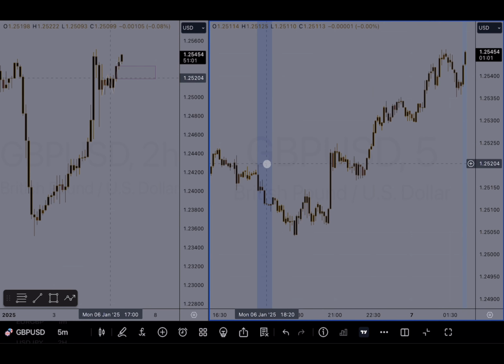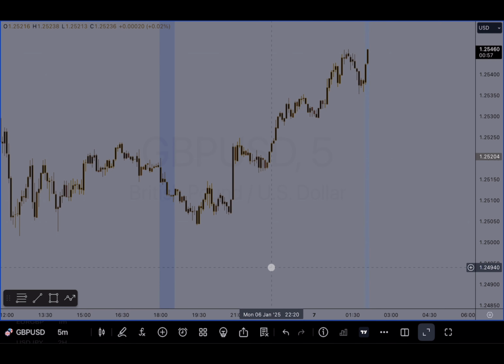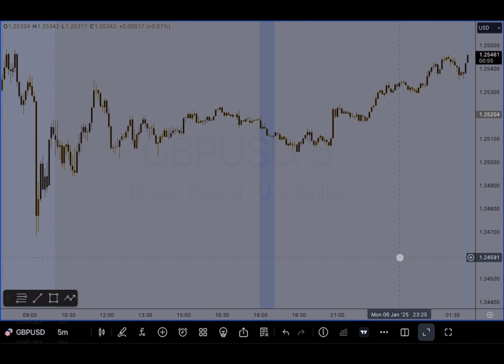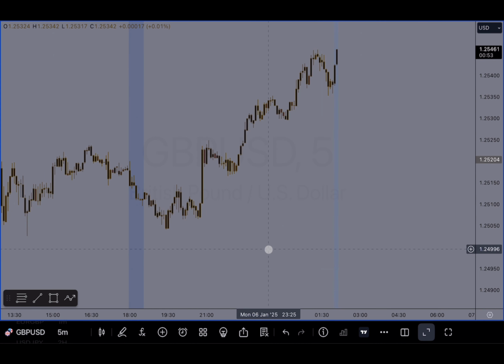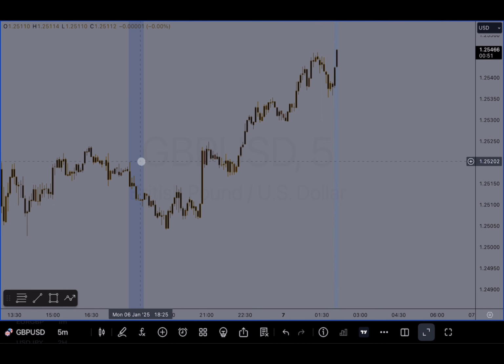Now I want to take this moment to show you guys a really important concept that I already introduced to you guys. We're going to be transferring the pivot on here. So let's first select our pivot point for our Asian break.